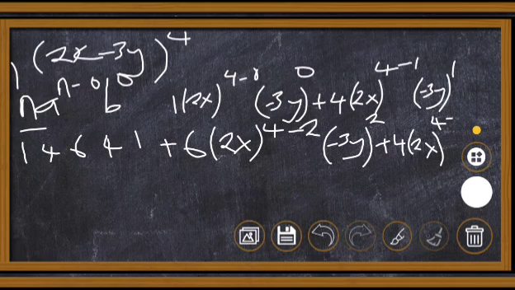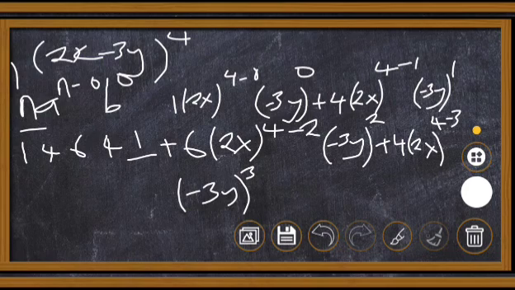Then minus, and this time we increase from 2 to 3, so it's minus 3. For b, I will just continue from here. Make sure that you are writing this so that you follow up. Where there is b, we have negative 3y, and this time the power will increase from power 2 to power 3.